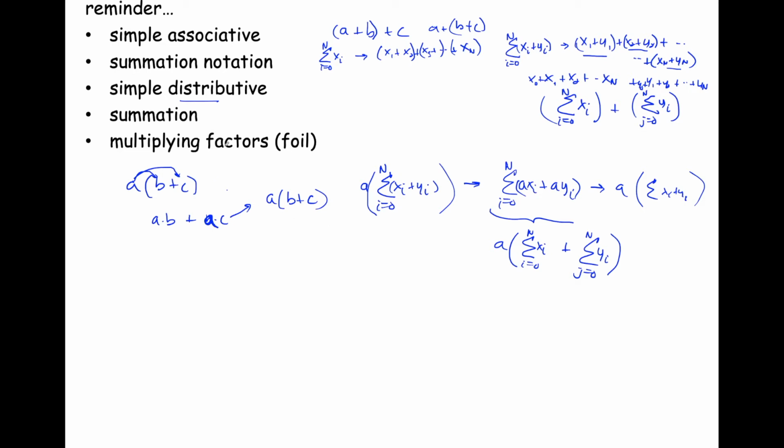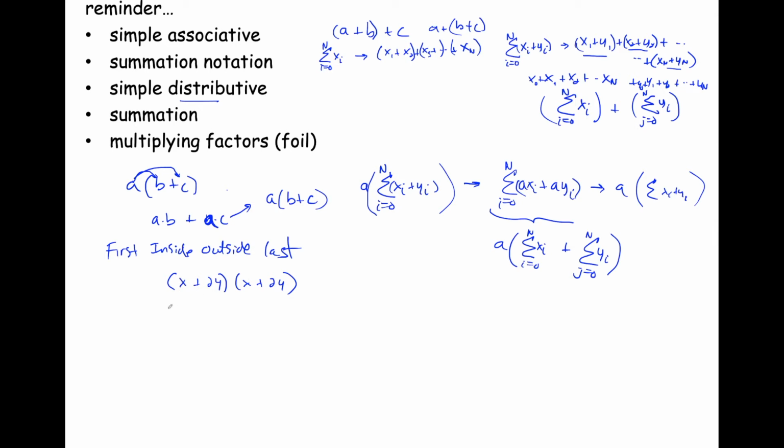Let's turn our attention lastly to multiplying factors, the so-called FOIL rule. Suppose I had x plus 2y times x plus 2y. Well, the FOIL rule you learned a long time ago: first, outside, inside, and last. And it gave you a prescription for how to multiply two factors.